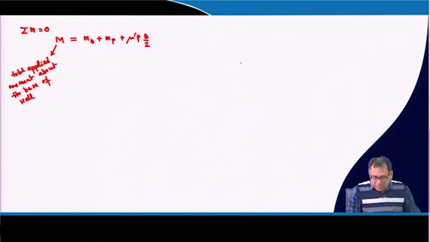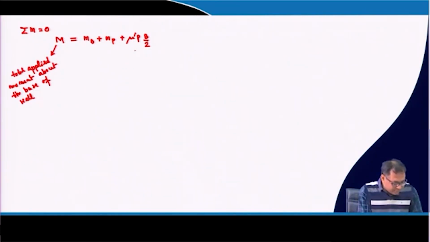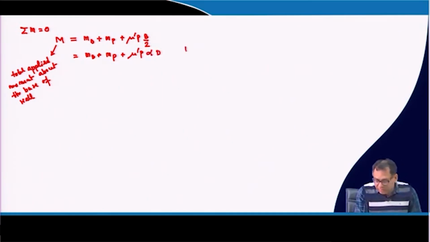Okay. So, now if I put these values further, MB plus MP plus mu dash P into alpha D, where alpha D we have written in place of B by 2.